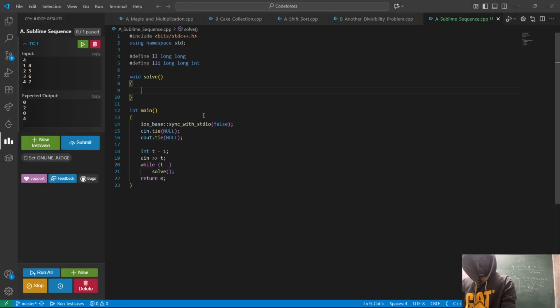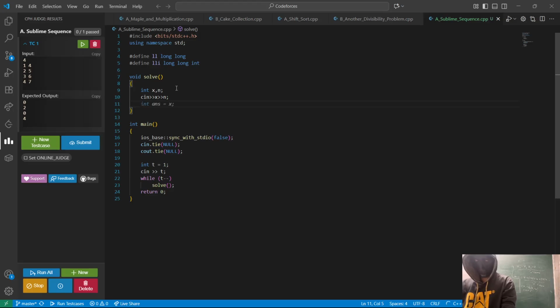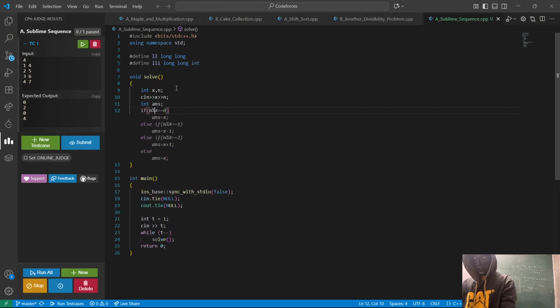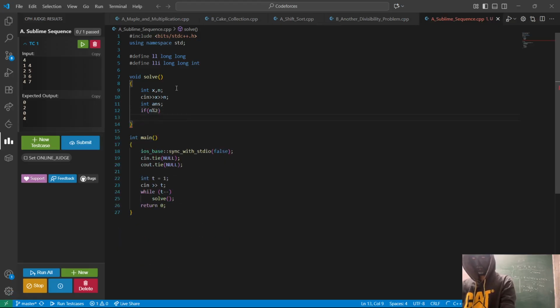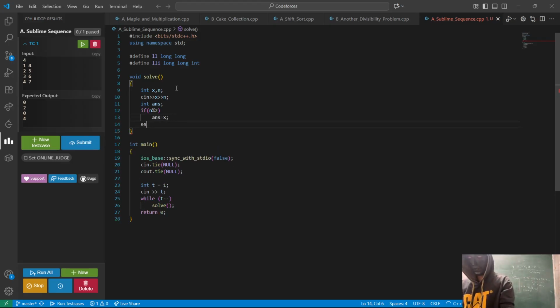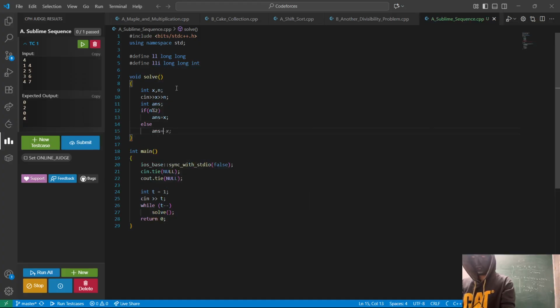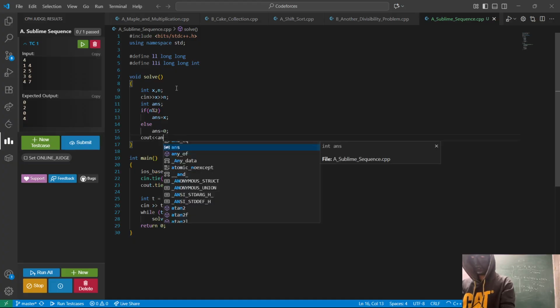As I said, we take the test cases, and for every test case we have x and n. Let's take their values. Now we'll have to check the answer. First take answer as 0. Now we check if n modulo 2 is 1, which means the number of terms in the sequence is odd, so you have an extra x. In that case your answer will be x, else your answer is going to be 0. At the end you have to display the answer.